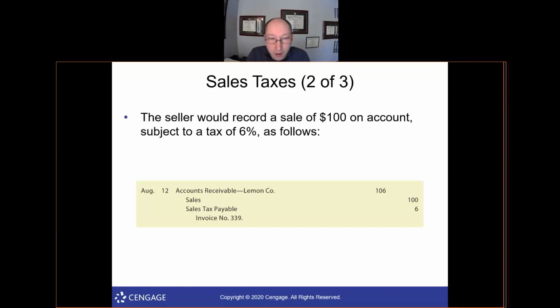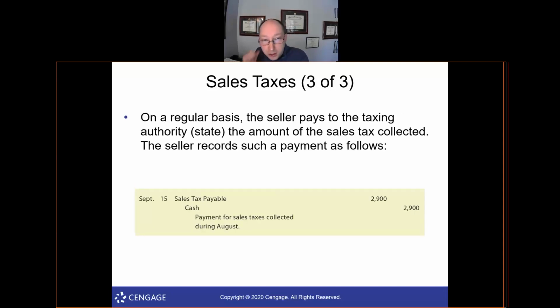Okay. You got it. So now the next transaction later on, typically every quarter, we have to pay our sales tax bill, right? Because we're basically taking it from the customer and then we have to give it to the state.